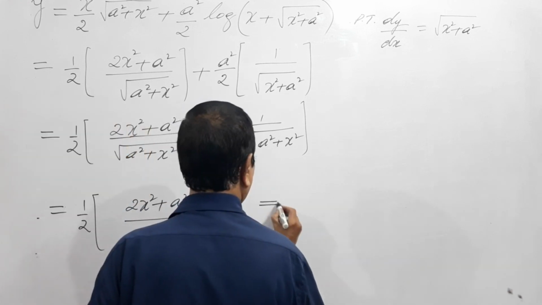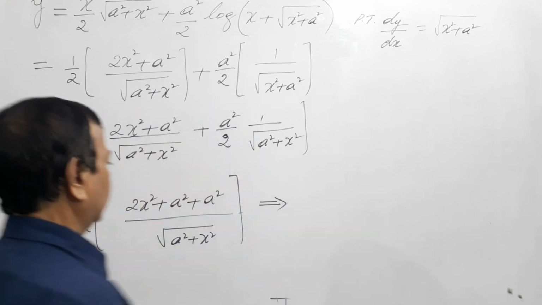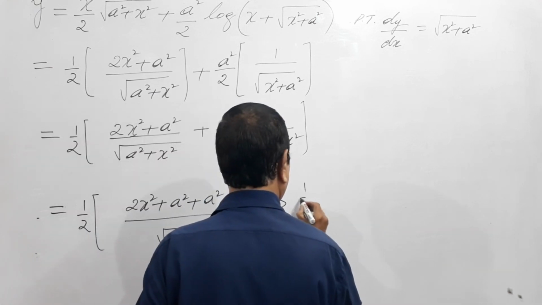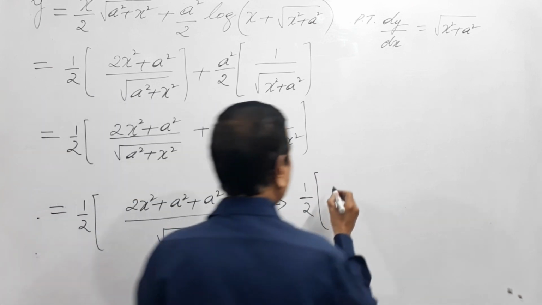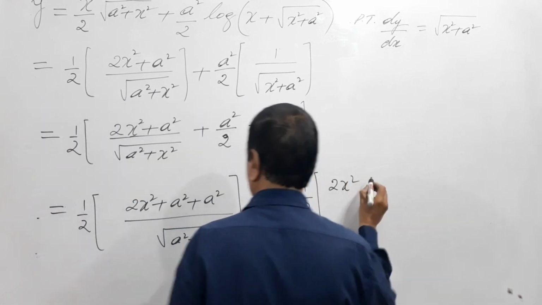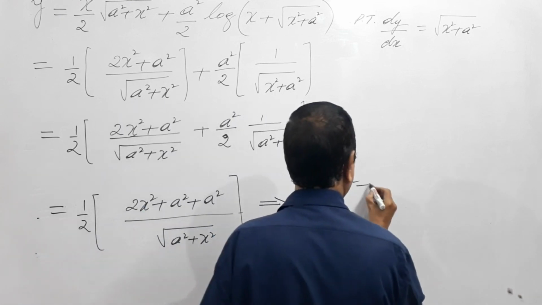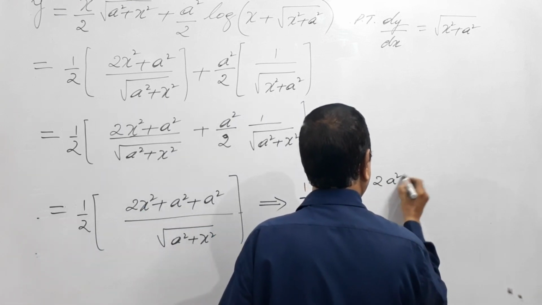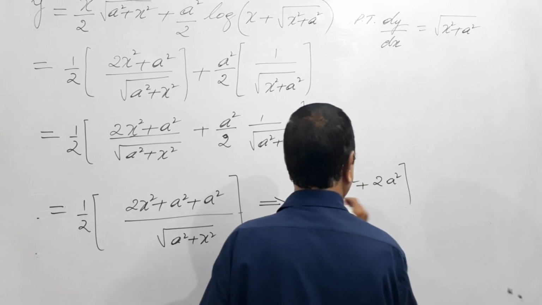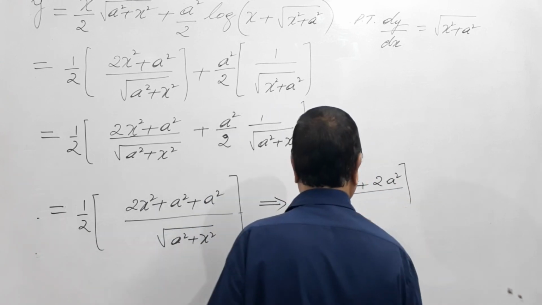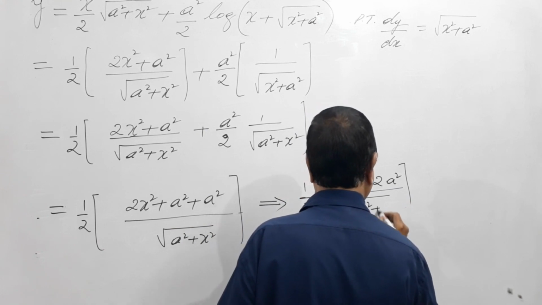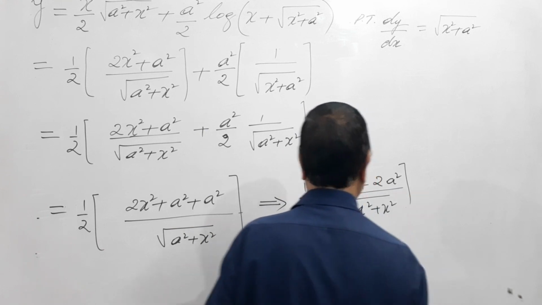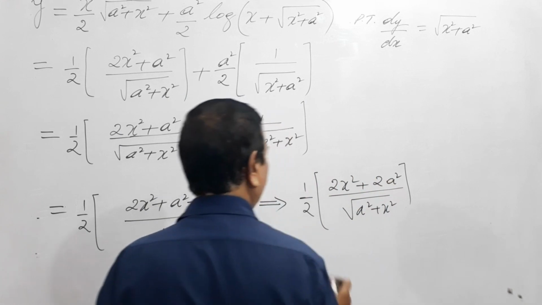So which implies half into 2x square plus 2a square divided by under the root a square plus x square. I take this common 2.